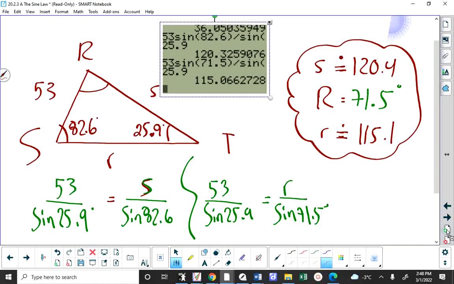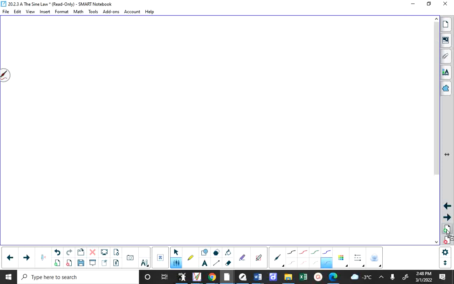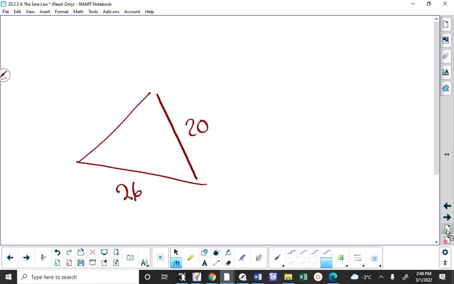And the reason why we need another law for triangles is if I gave you this triangle and asked you to find missing sides or angles, I mean, if I gave you some wood and a protractor and meter stick, you could construct this.